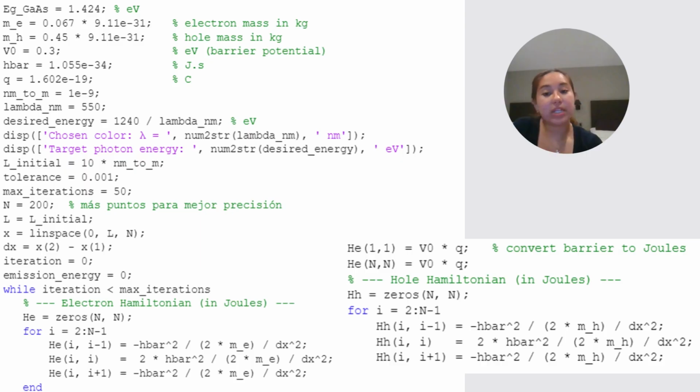The program then initializes the starting well width and sets the numerical tolerance for the iterative process. The well is discretized into 200 grid points, and the spacing between points defines the resolution of the finite difference approximation. This discretization transforms the continuous Schrödinger equation into a matrix equation that can be solved numerically.